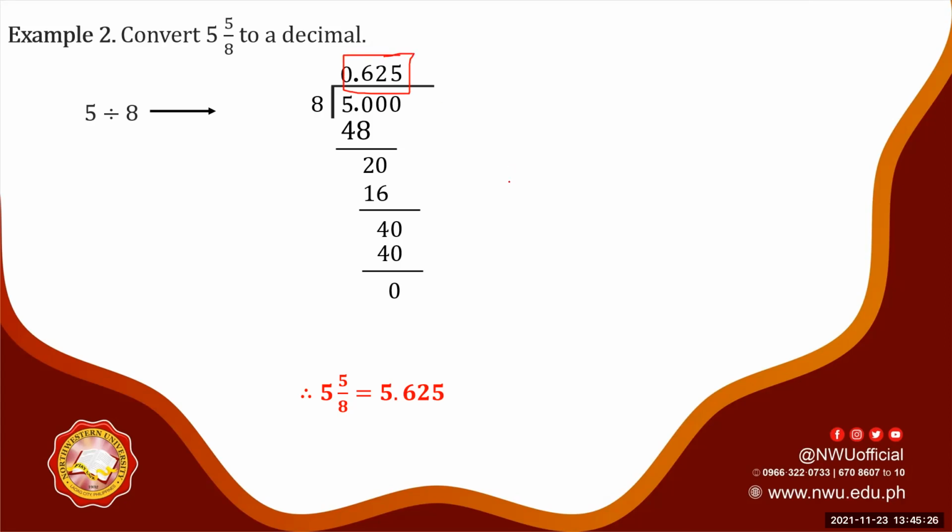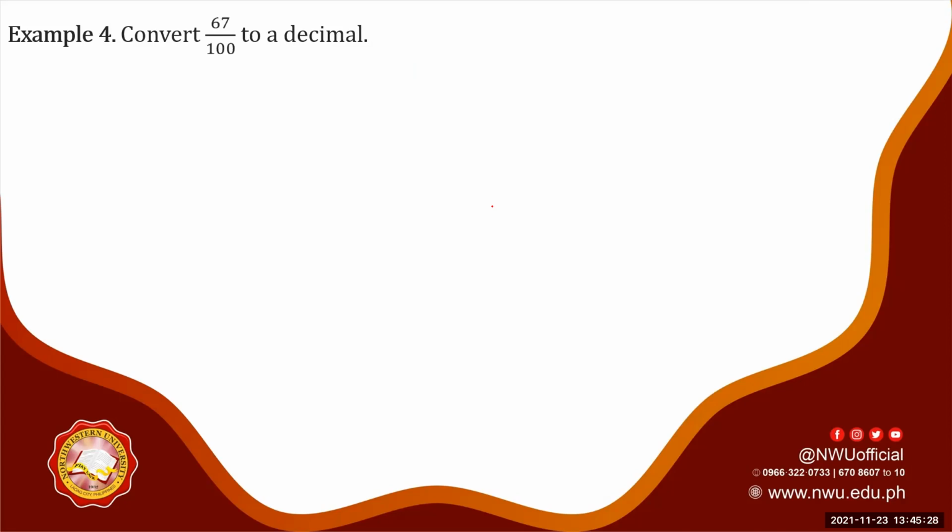Okay? So what about 67 over 100? If this is the case, of course, you can still do what I was doing earlier, which is to divide the numerator by its denominator. So 67 divided by 100. But again, you cannot do that directly, so you extend it by adding a decimal point and adding zeros.